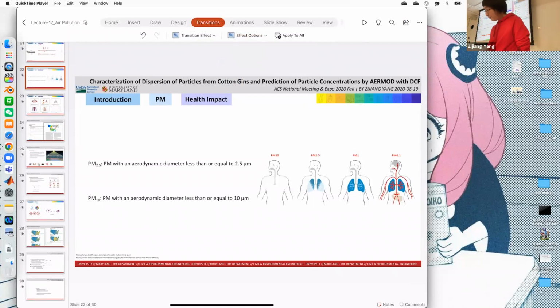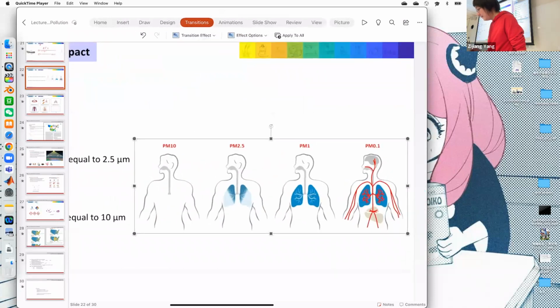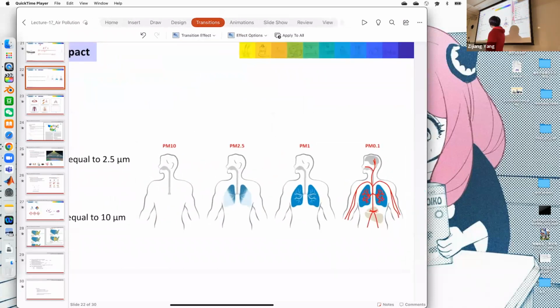So from this picture, we can see that particles of different sizes penetrate to different extents into the human body. PM 2.5 is important because particles smaller than PM 2.5 can penetrate through this channel into the lungs. And we know that in the lungs, we have a very large area with interactions between the blood and the air.